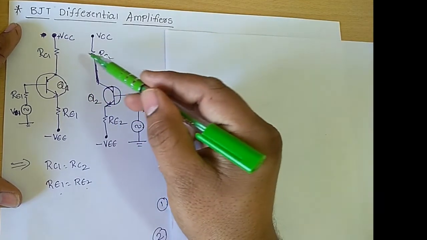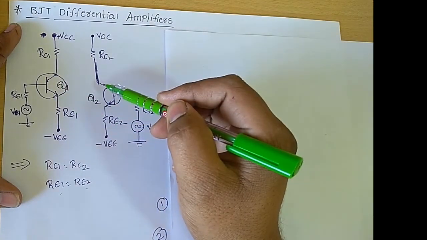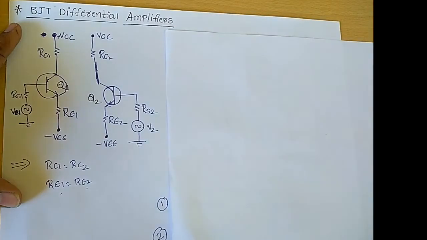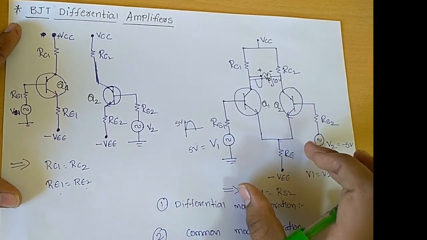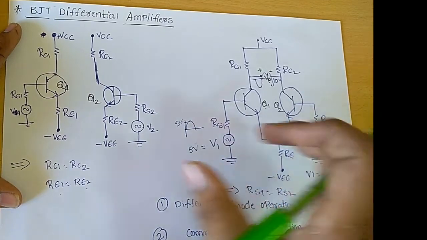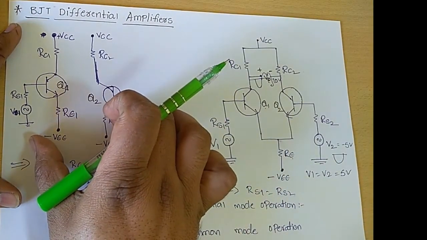Now with the help of these two circuits, we construct the differential amplifier. This is the differential amplifier circuit, constructed with the help of these identical circuits.